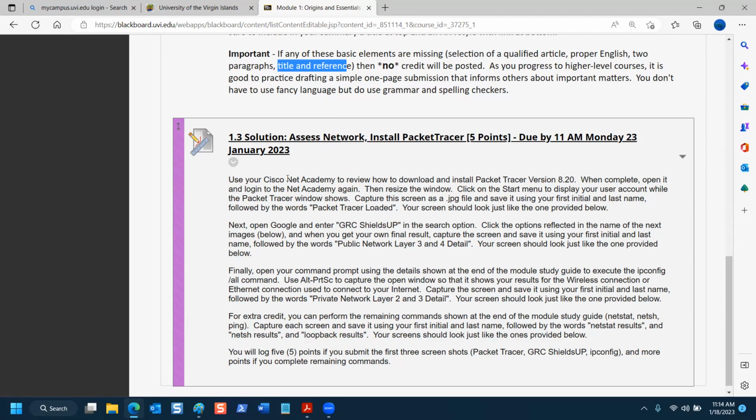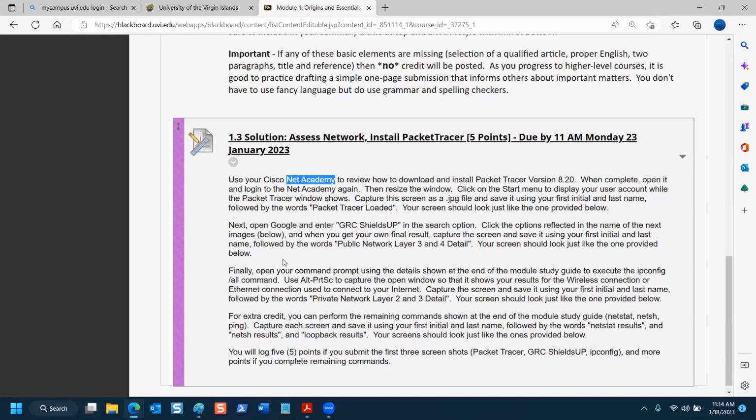Your membership as a member of the student body at the University of the Virgin Islands, and by extension, your access to Net Academy, right, is a function of your enrollment in the class. So you have to work that through the UVI email.